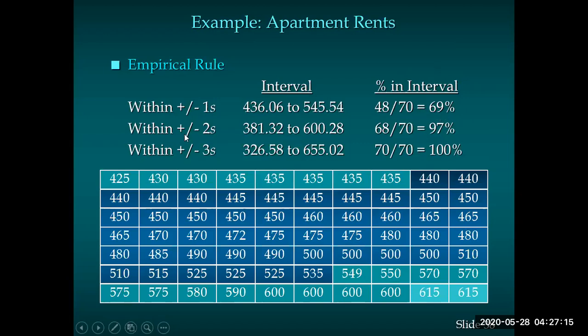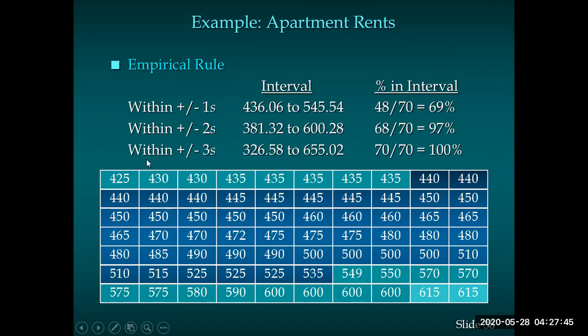Within plus minus 2 standard deviations, this is x bar minus 2 standard deviations, and this is x bar plus 2 standard deviations. If you take your calculator and do the math, you will get this interval, and this interval contains 97% of the data, so you can always see the numbers falling in between these intervals 97% of the time.